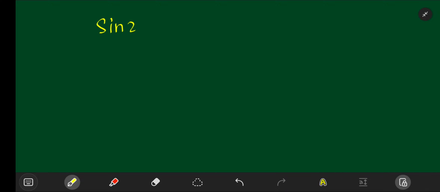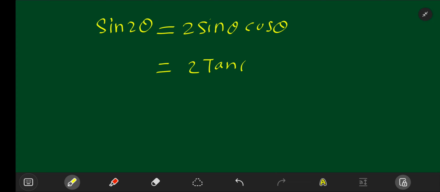Okay. Sin 2 theta is equal to 2 sin theta cos theta. Another formula for sin 2 theta is 2 tan theta divided by 1 plus tan square theta. This is the sin 2 theta formula.